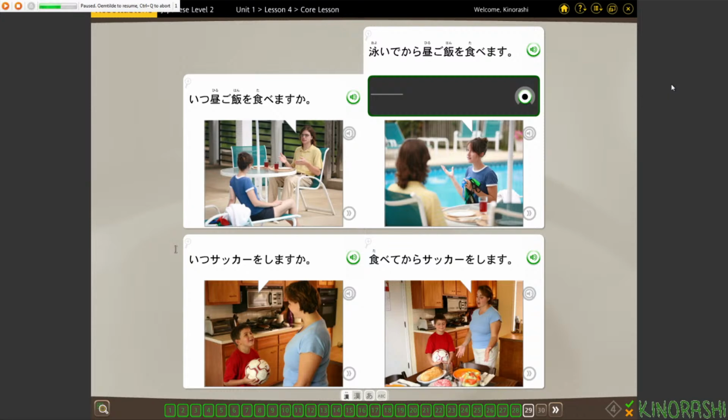We swim and then have lunch. Oyoi de kara hiru gohan o tabemasu.